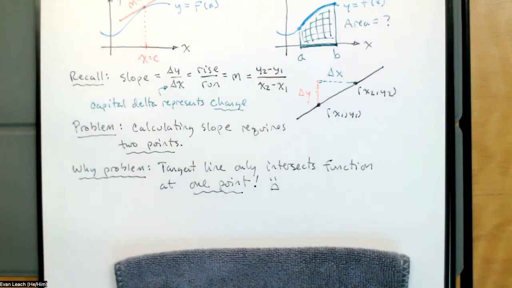The tangent line only intersects the function at 1 point. Well, this suddenly got awkward. Find the slope of the line. Change in y divided by change in x. You get 1 point.